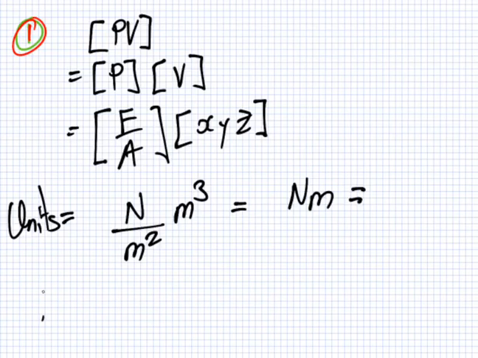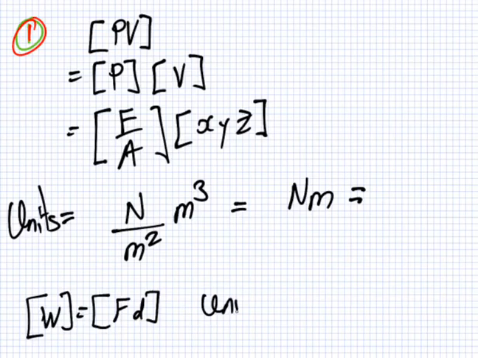So remember what the formula for work is. It's force by distance. So what's the unit for work? How do you measure work? Joule. And what's the unit for force and distance? Yeah, so a joule is the same as a Newton meter.